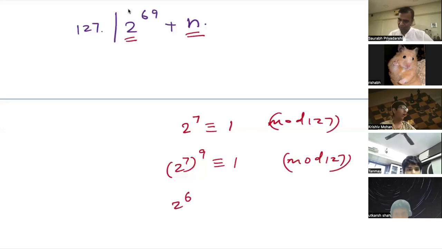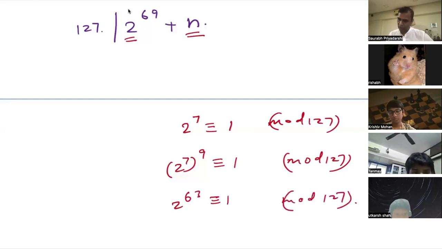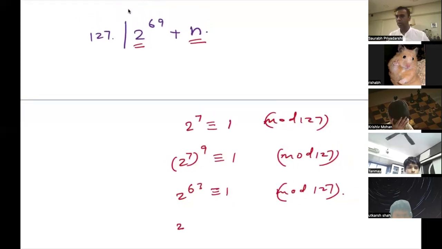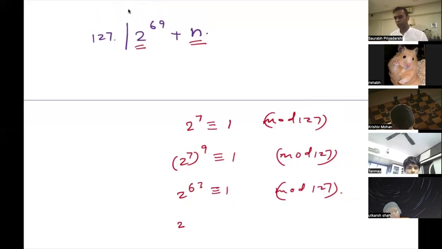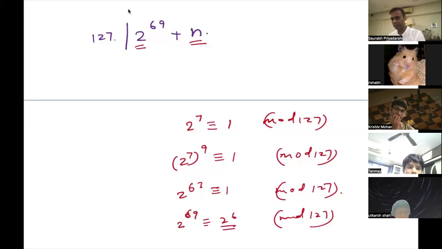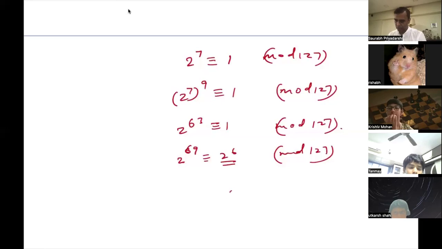So 2 to the power 63 is congruent to 1 mod 127. Then I have to multiply with 2 to the power 6 to reach 2 to the power 69. So 2 to the power 6 is the remainder mod 127. 2 to the power 6 is what? 64.